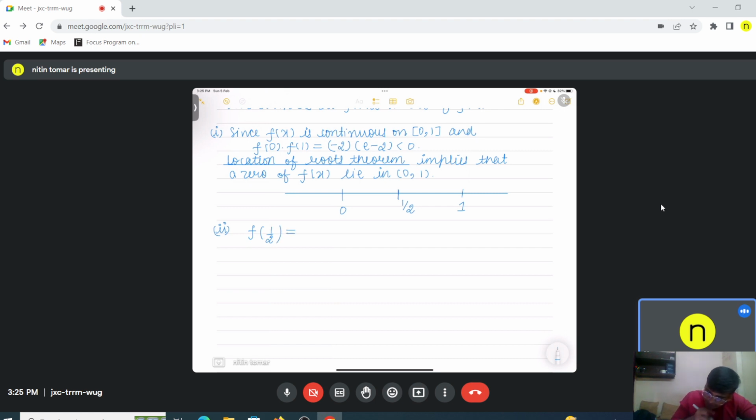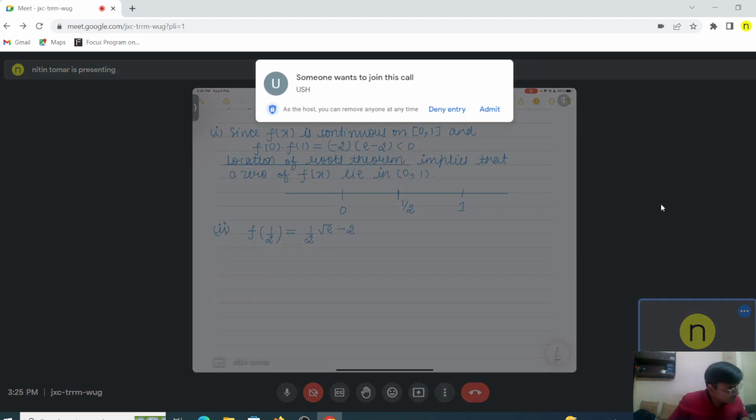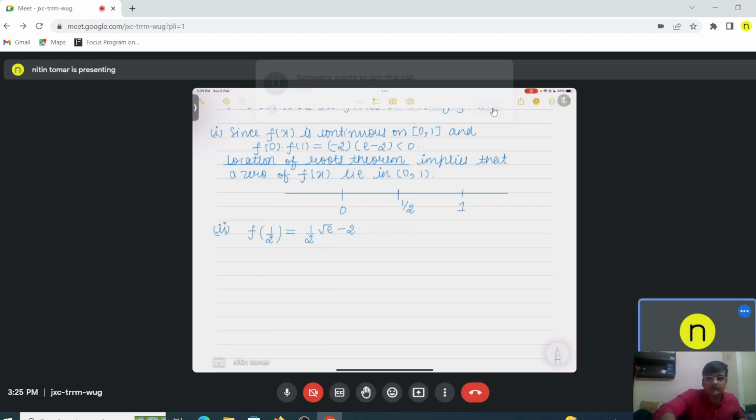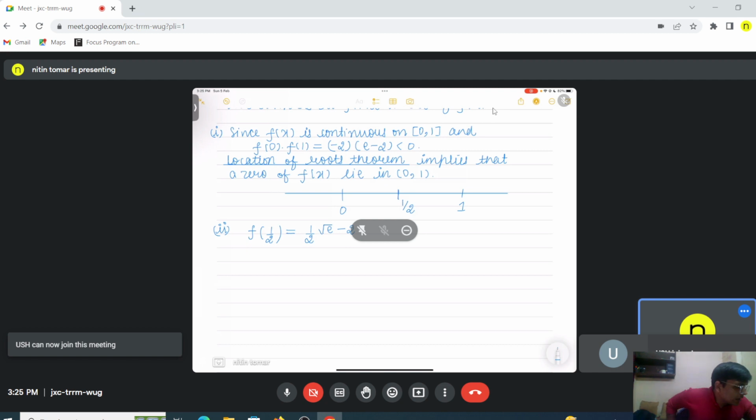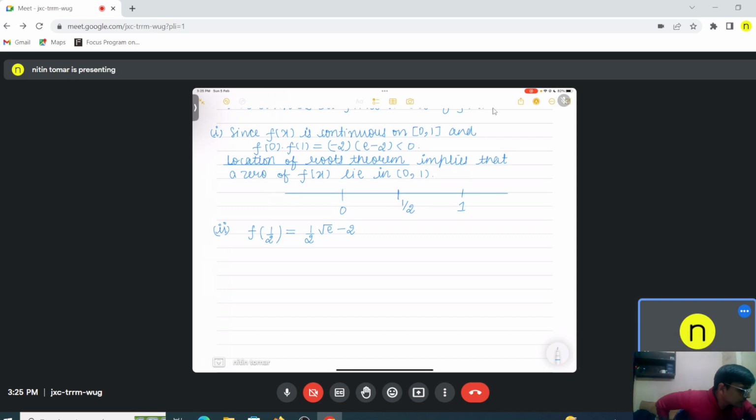See, f of half is half root e minus 2, and this is a negative number.